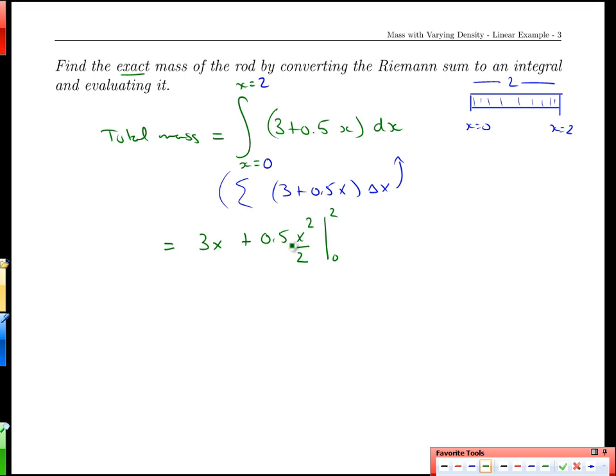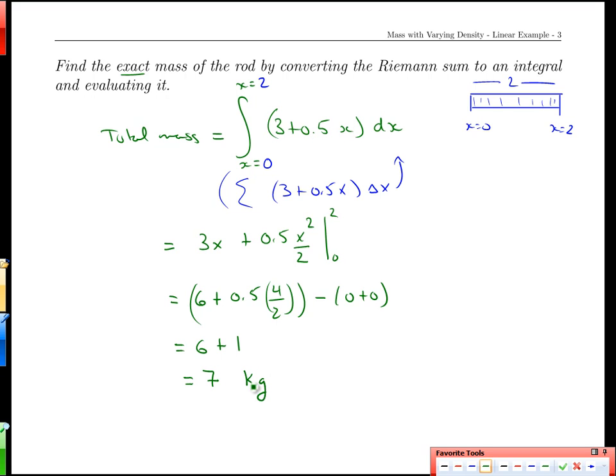Once we have the antiderivative, we're going to sub in the upper and lower limits, and that's going to give us 6 plus 0.5, 2 goes into here, that'll be 4 over 2. That's the upper limit, and the lower limits are 0 and 0, plus I guess.